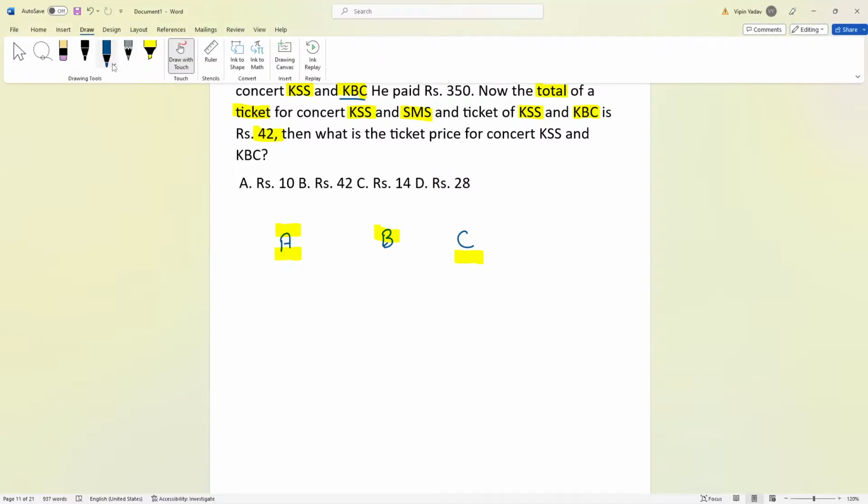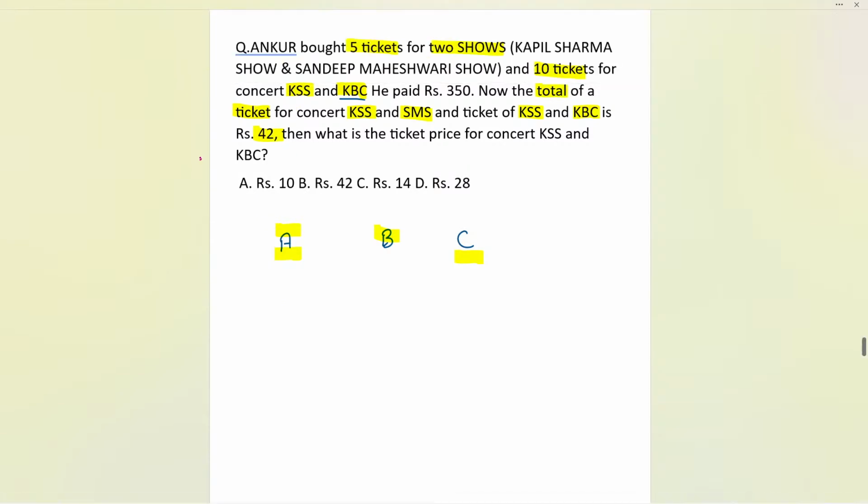Fine. So now I will write the combination of A and B. He bought 5 tickets for the 2 shows and 10 tickets for the other 2 shows. He paid a total of 350.